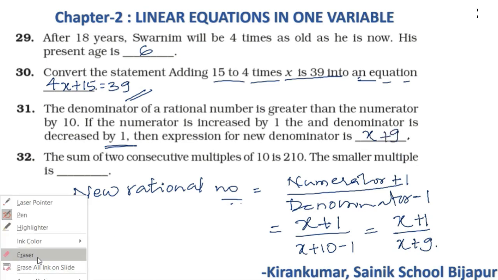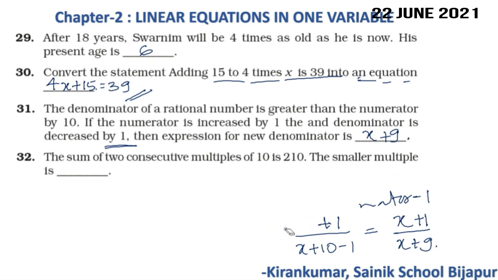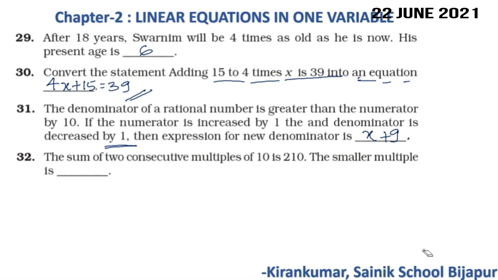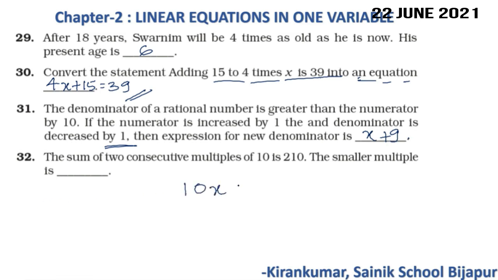Question 32. The sum of two consecutive multiples of 10 is 210. The smaller multiple is. If I consider the first multiple to be 10x, 10 times x, the next multiple will be 10x plus 10.